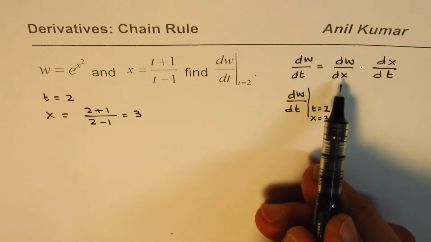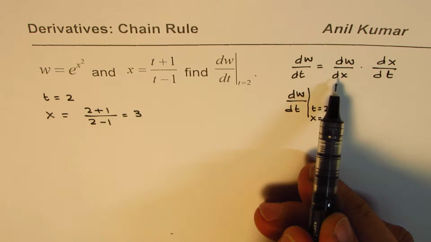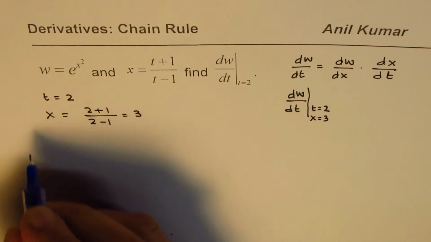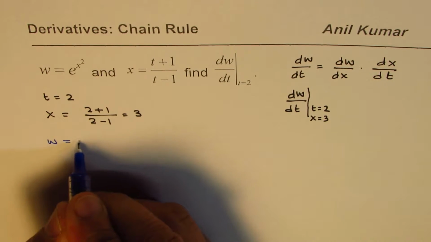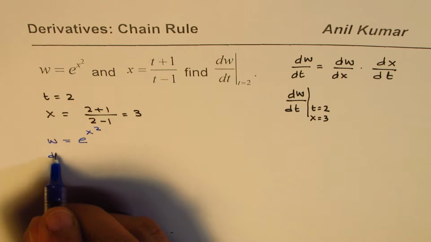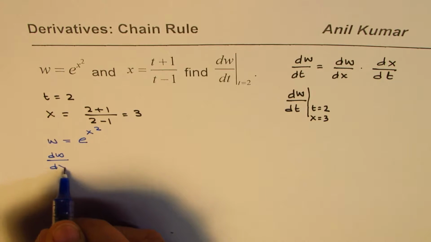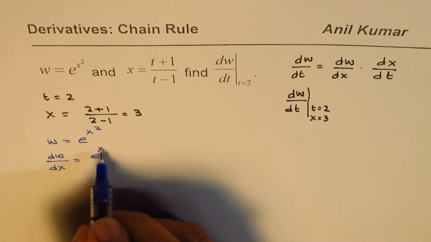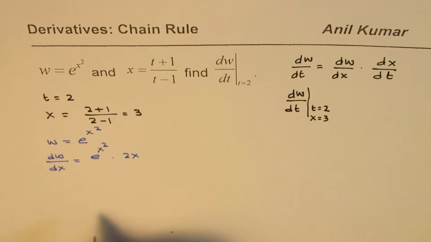Now, let us find dw/dx, which we can do from the first function. We are given w equals e to the power of x squared. dw/dx will be e to the power of x squared times the derivative of x squared, which is 2x.